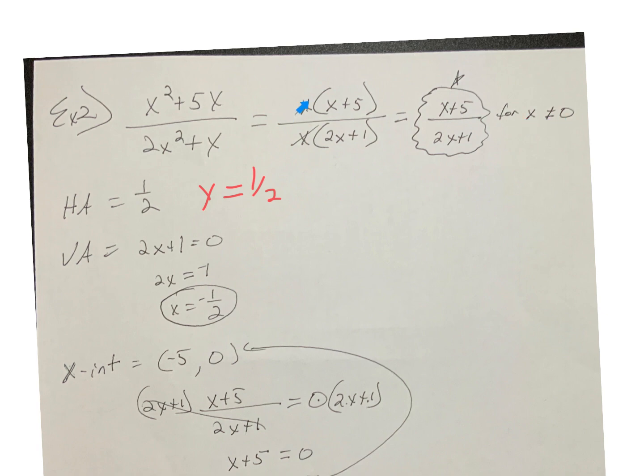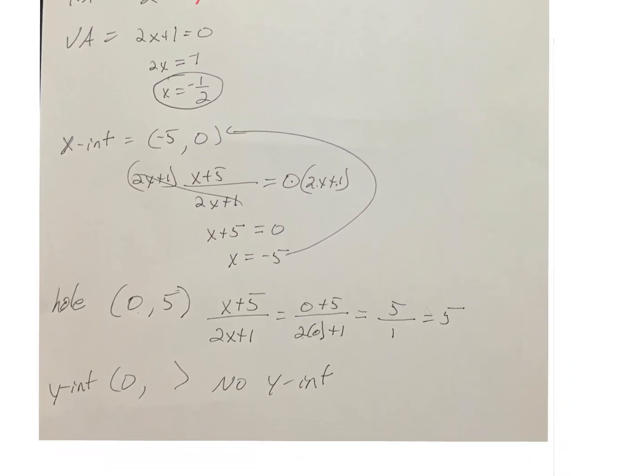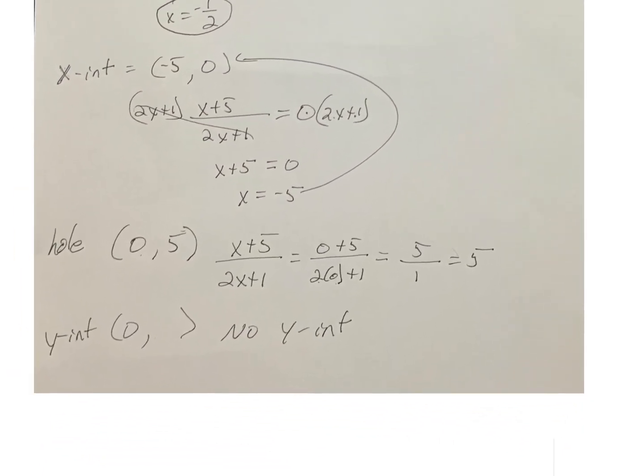When you cancel out an x in the numerator and the denominator, what you then have is that x equals 0 creates the hole. So you cannot plug in a 0 for x. When 0 is the x value, the output that you get is the point that represents the hole of the function.